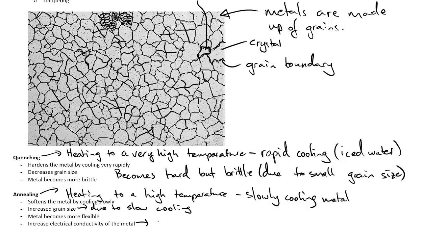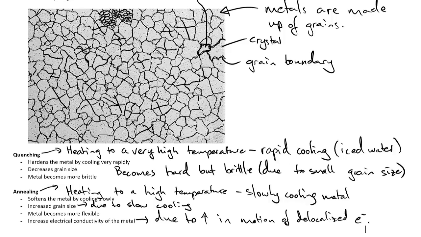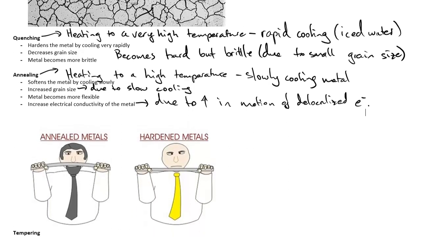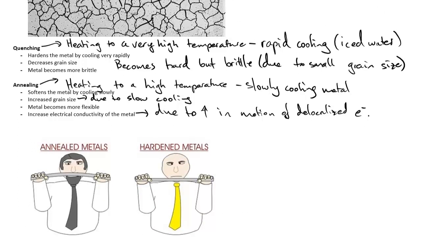So it basically increases the conductivity, due to an increase in motion of delocalized electrons. Okay, so that's quite an important point there. Now that's why manufacturers may want to undergo annealing. Now this is just a figure here to get you to remember the difference between an annealed metal and a hardened metal.